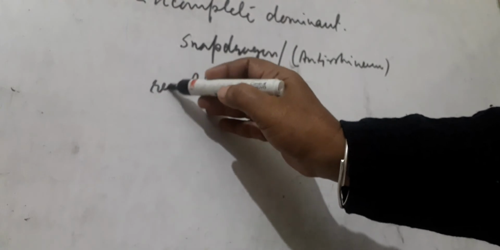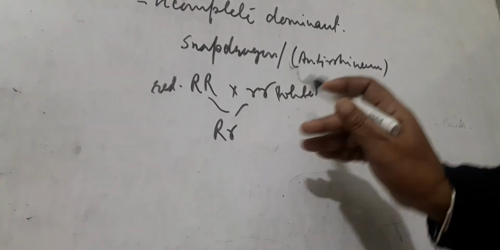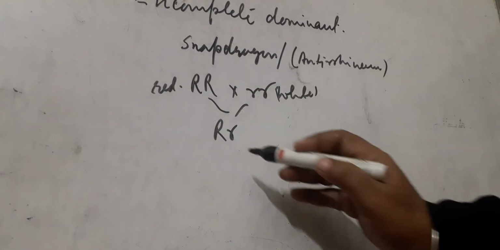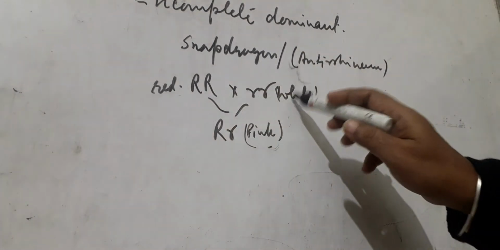For example, red and white. When crossed with each other, according to Mendel's law, it should be red. But here it is pink, meaning red is mixed with white and makes it pink.